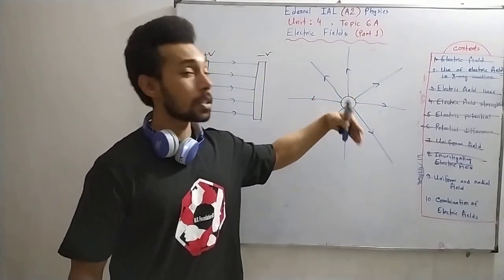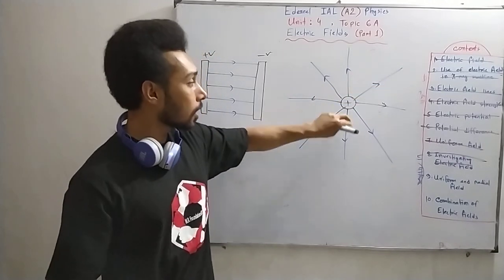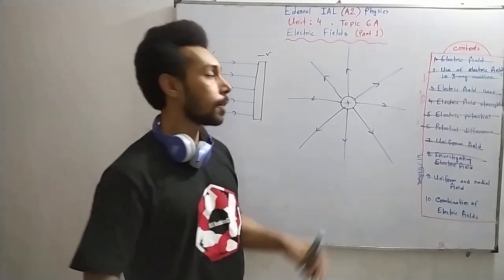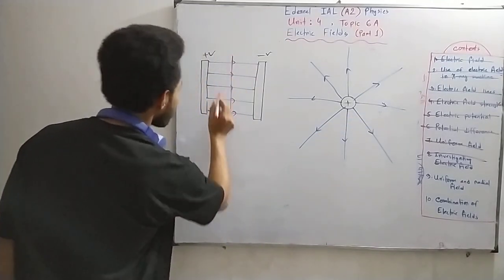So the field is growing weaker. Therefore, the field strength is not the same everywhere within the radial field. And in this case, we have equipotentials.